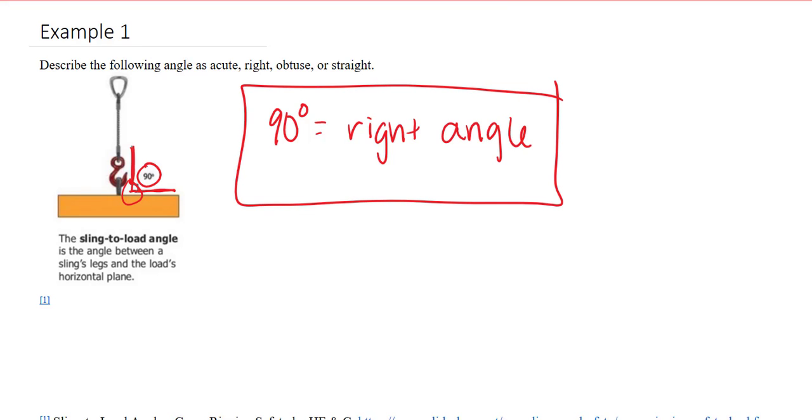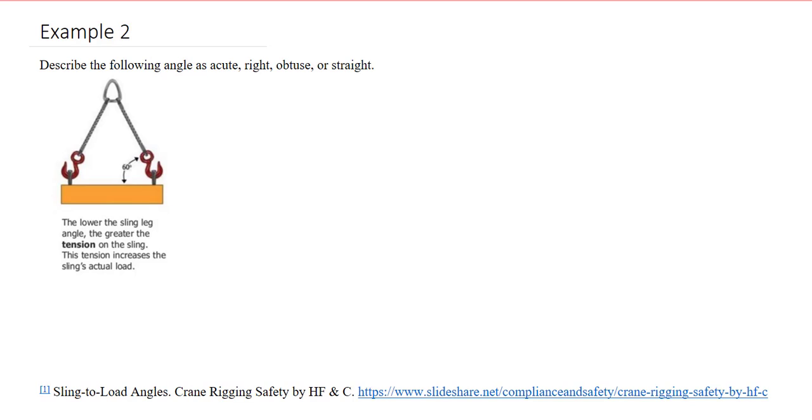Now let's do the next example. Describe the following angle as acute, right, obtuse, or straight. Here we have 60 degrees. This forms 60 degrees.